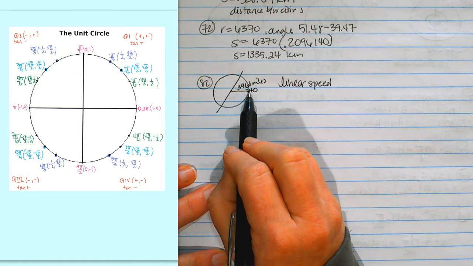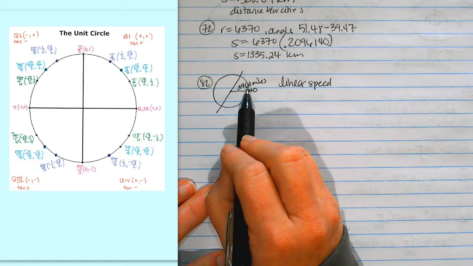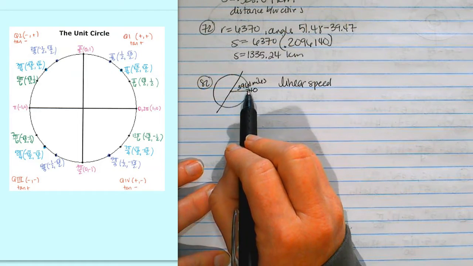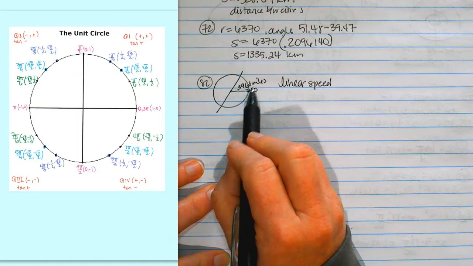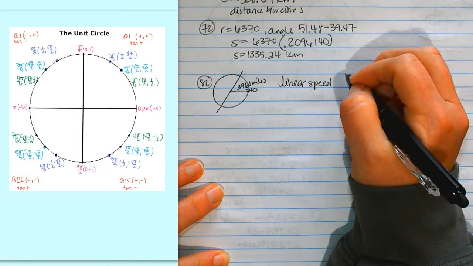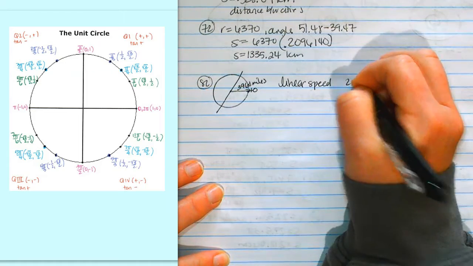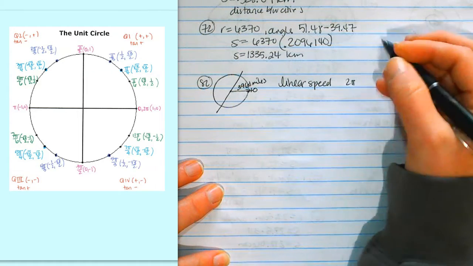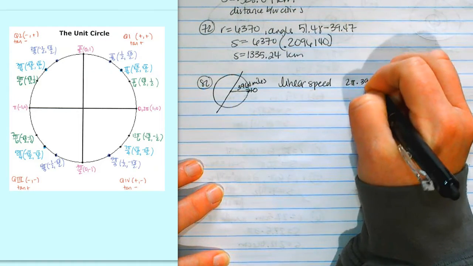They're going to go all the way around the circle because it takes that long to rotate once, so they mean one rotation. That would be 2 pi. So they're 2 pi times the radius of the Earth, 3960.